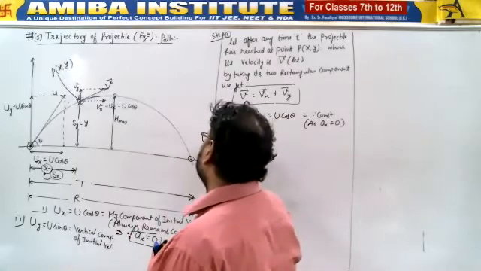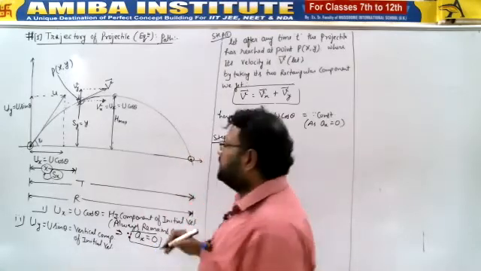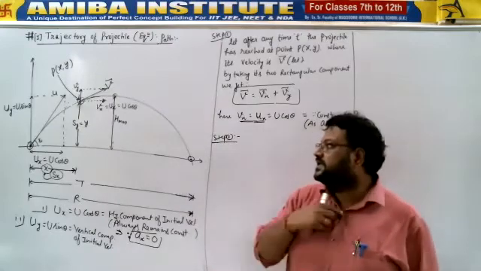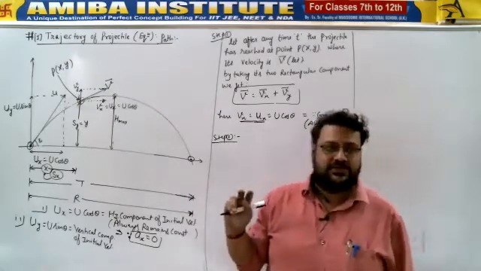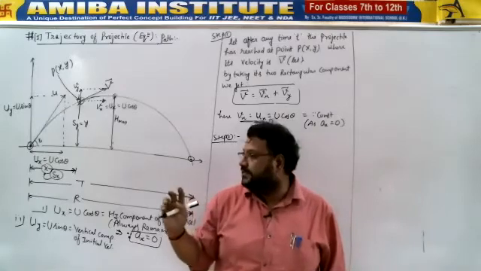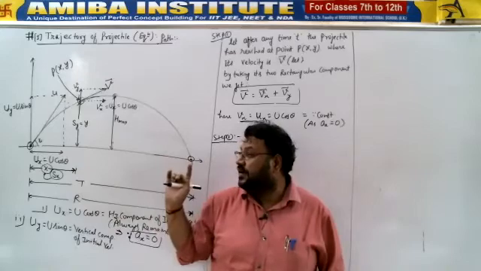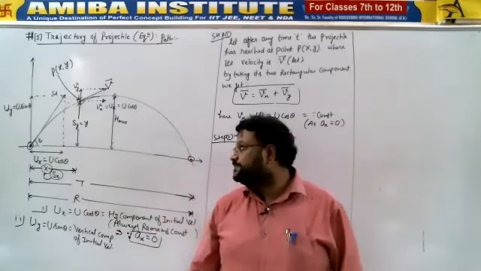Step number 2, now to find the trajectory, since this projectile is moving in two directions simultaneously, one in horizontal direction, another in vertical direction. Got it?